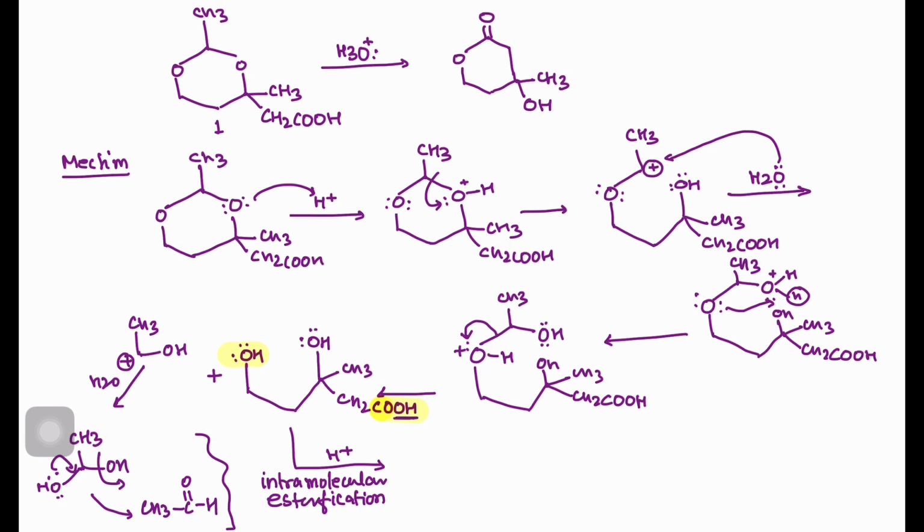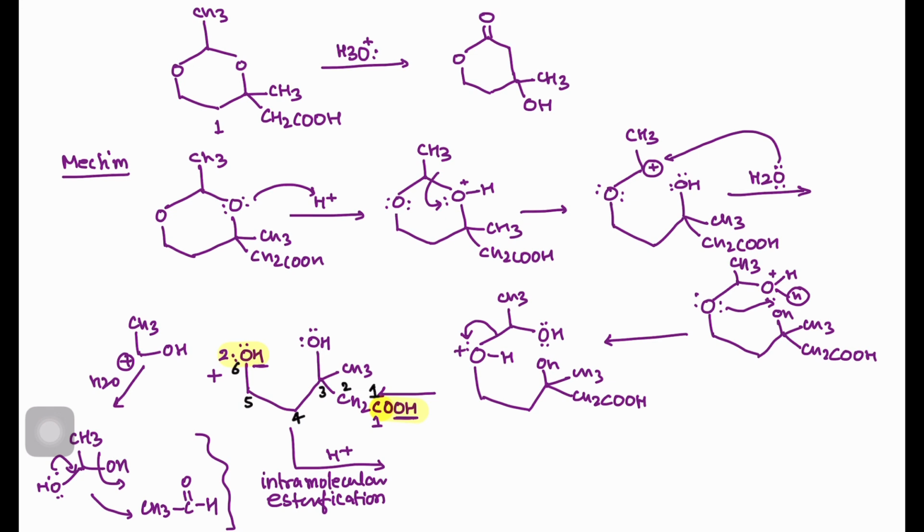This OH and this H will be lost. And this carbon, number 1, and this oxygen, number 2, will form a bond. So if we count the number of atoms in that ring, let's start with 1, 2, 3, 4, 5, 6. A 6-membered ring will be formed.